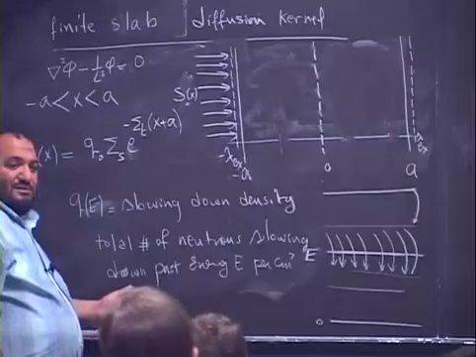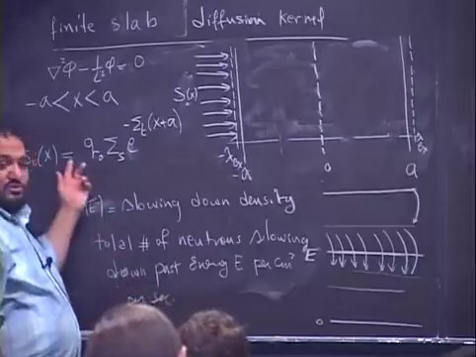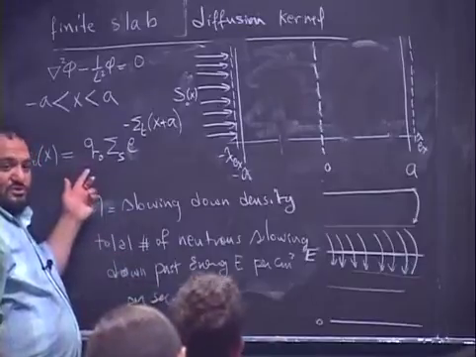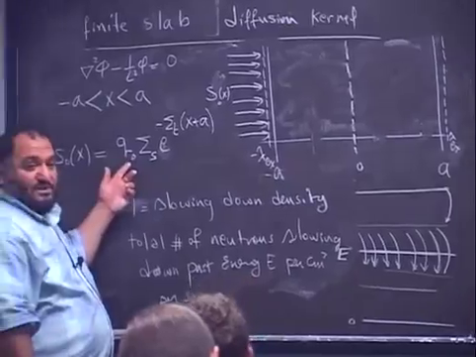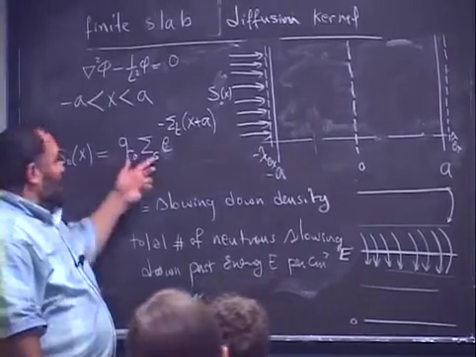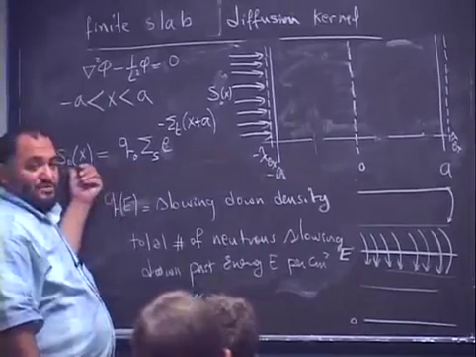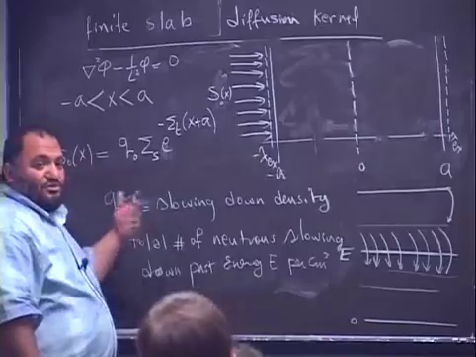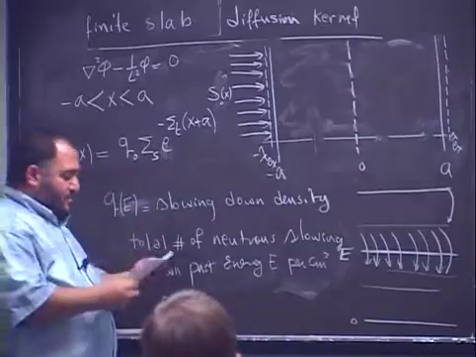Usually this will be related to the source function, and this is why we have it here multiplied by sigma scattering, and it's related to the source function if you do not have absorption or leakage. Okay, guys?